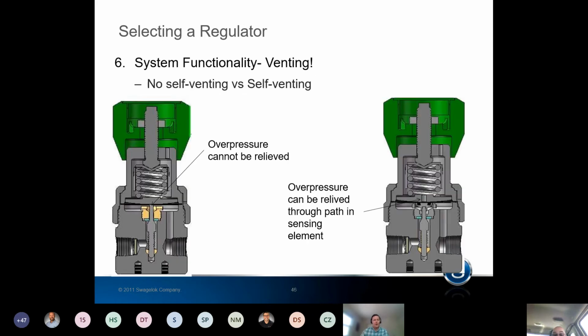The first one is self-venting. So self-venting is a feature of regulators when selected that allows you to easily change the set point of a regulator without having to vent the downstream pressure manually, right? So on the left, you have a non-self-venting regulator.